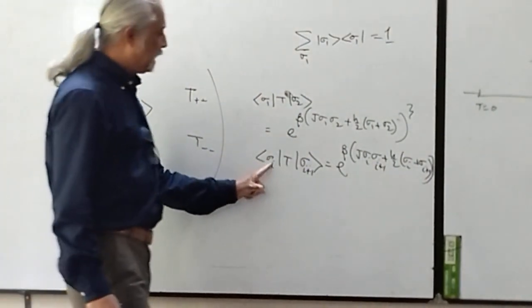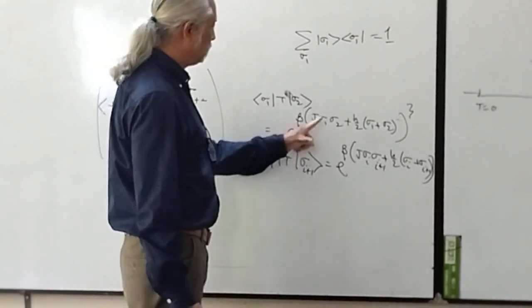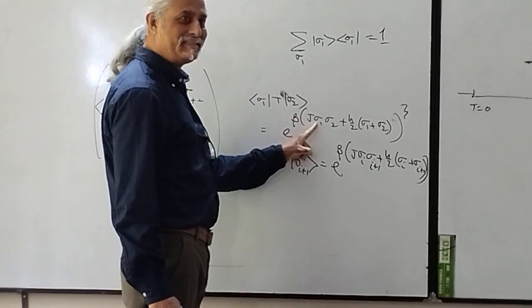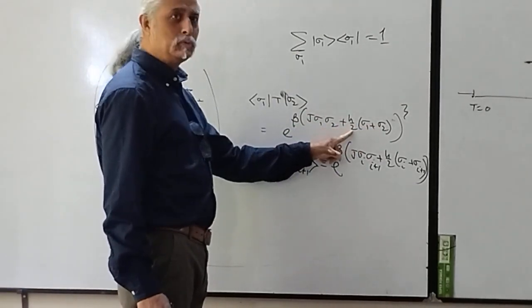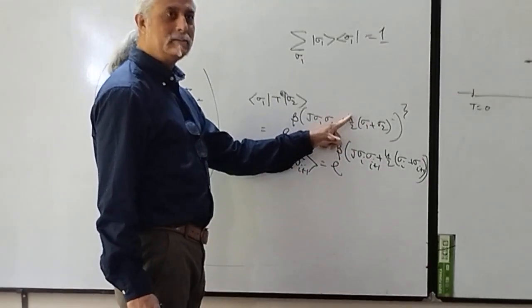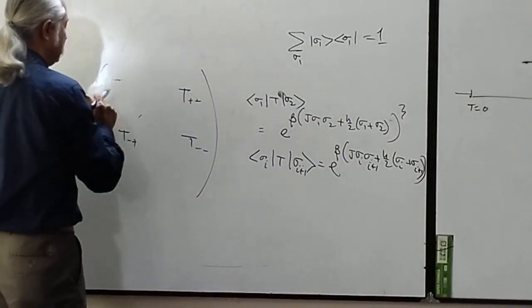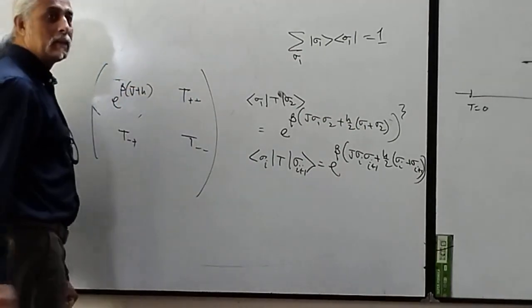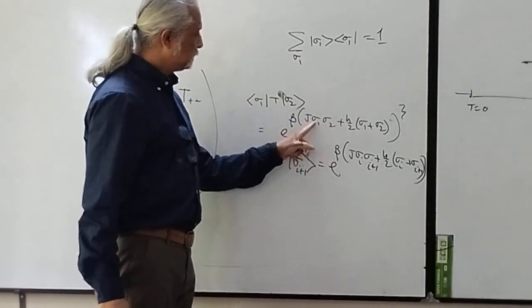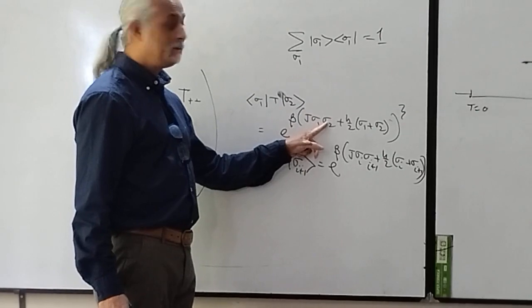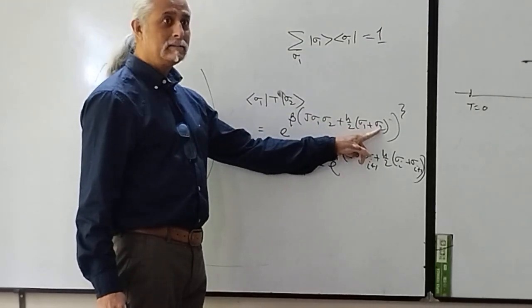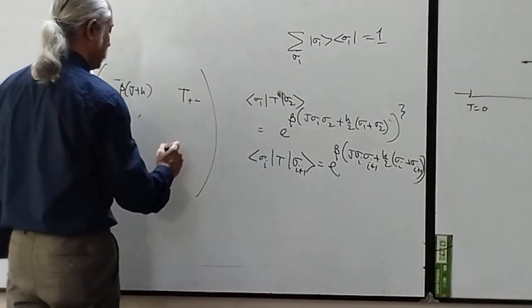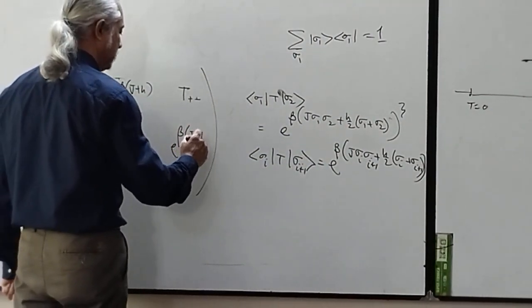So if we take plus 1 and plus 1, then what happens to j? Plus 1 and plus 1, the two will cancel out, you will have h. So this term you will have e to the power beta j plus h. Minus and minus, then minus h, so you will have e to the power beta j minus h.